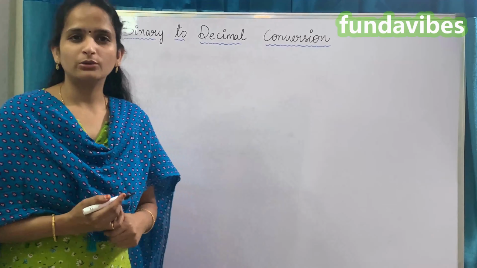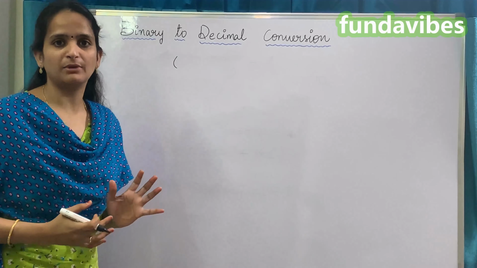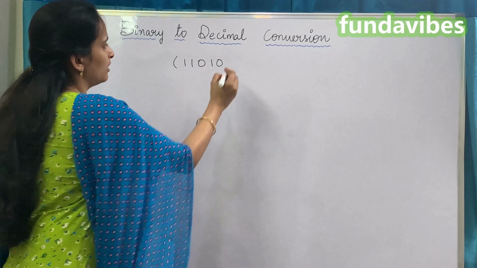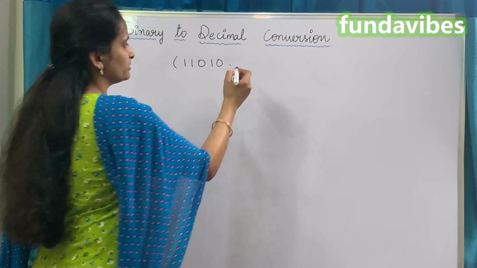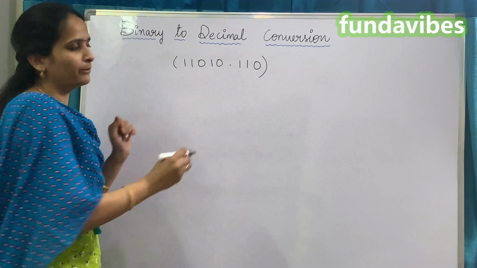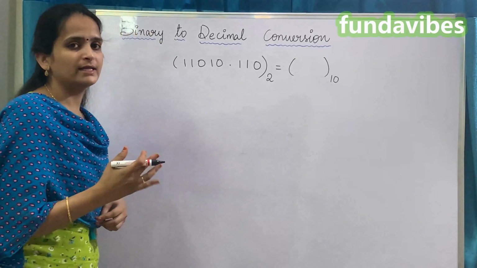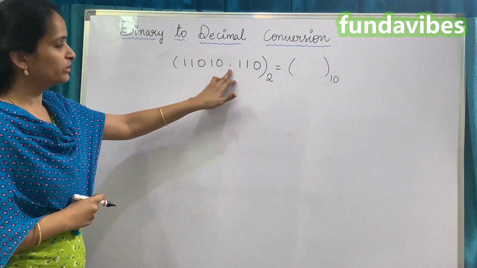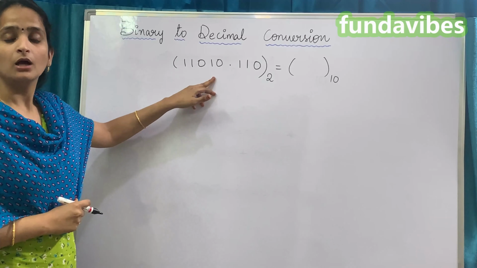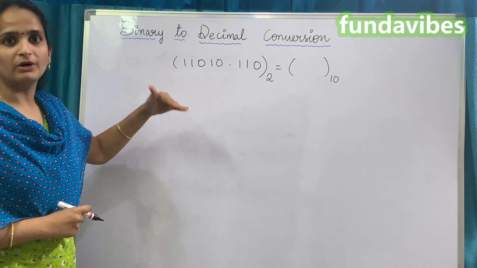So this is how we convert a given binary number to a decimal number. Now if we want to convert a binary number which is holding a decimal point, some number like 11010.110, and this should be converted to our required decimal number. As we all know, if this is the decimal point, the left hand side value we have already converted by using the multiplication process, multiplying with 2 power x.